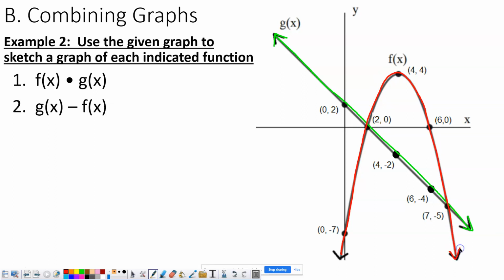So instead of representing these functions as equations and adding their equations, or instead of representing these functions as tables and adding together their values to create new table values for a combined function, we're going to represent these functions as graphs and we're going to add them together as graphs and see what kind of new graph that creates, okay?